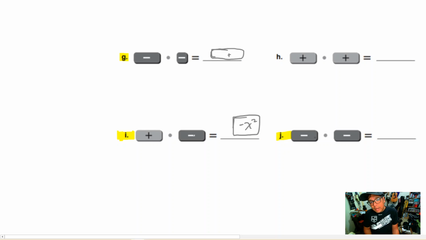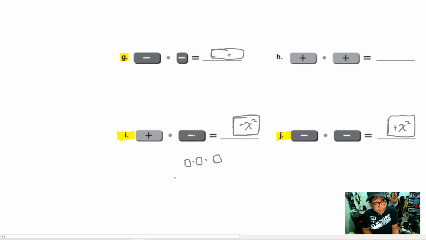Just like when we have a negative times a negative, that's going to be a positive X squared tile. So the thing to know is a small tile times a small tile is going to be a small tile, and then the positive or negativeness is going to depend, just like if you're multiplying positive 1 and negative 1, or negative 1 and negative 1.